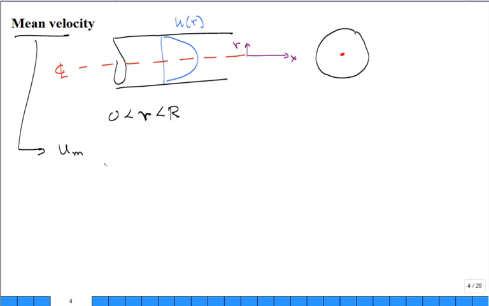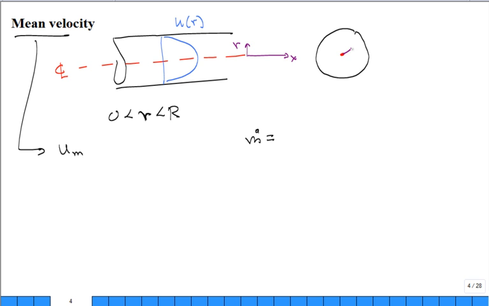The way to get the equation for the mean velocity is to think about the mass flow rate over a cross section. How do I calculate that? Thinking about different areas, the velocity is faster when r is small, at 0, and then as r goes out to capital R, the velocity goes down and down. Well, you do an integration, don't you?